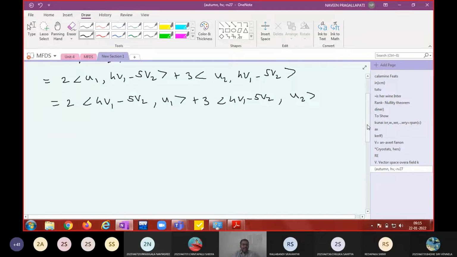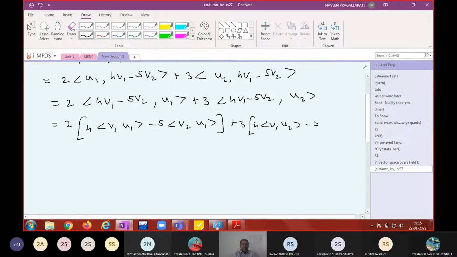Again according to linearity, this can be written as 2 times 4 times the inner product of v1 comma u1 minus 5 times the inner product of v2 comma u1, plus 3 times 4 times the inner product of v1 comma u2 minus 5 times the inner product of v2 comma u2.